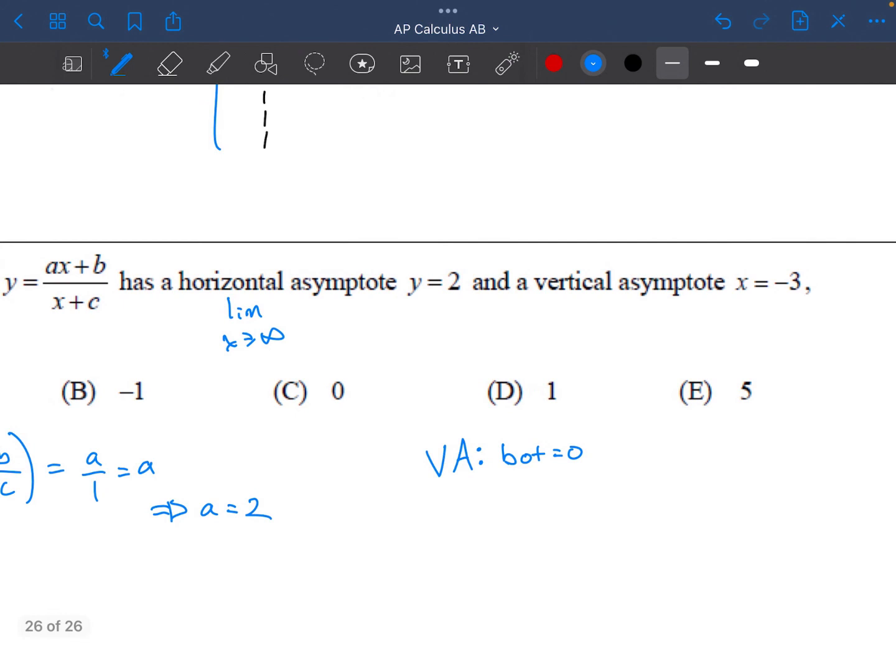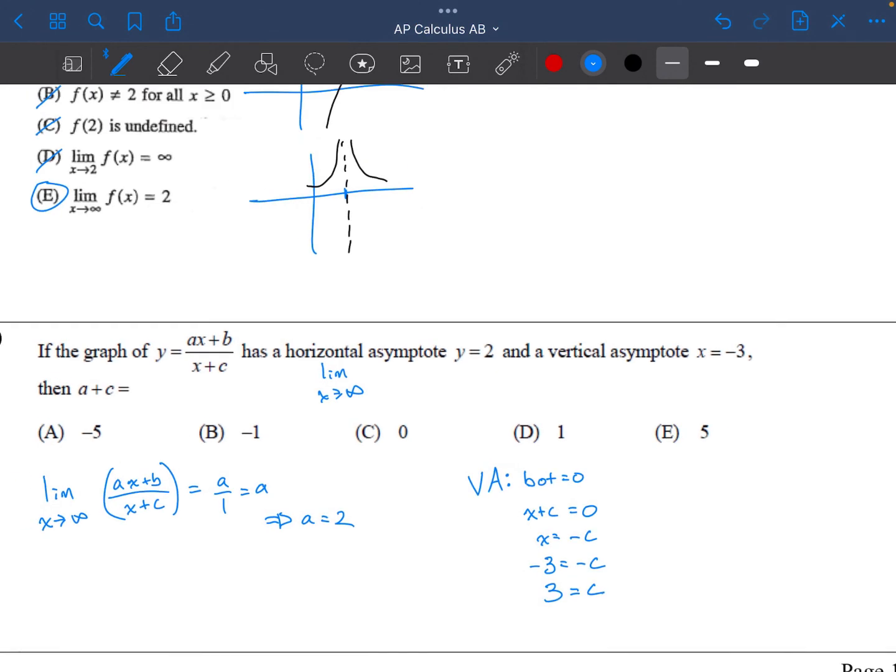So if I set x plus c, which is the denominator, equal to 0 and I solve, that means x is equal to negative c. And we know that this should happen at the vertical asymptote. So I know that this x should be negative 3. So I can replace this x and say negative 3 is equal to negative c, and therefore c is equal to 3.